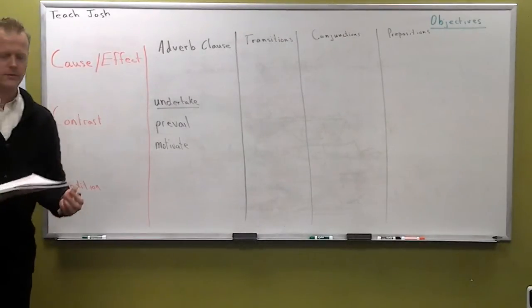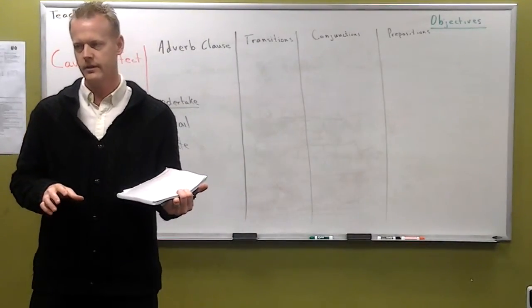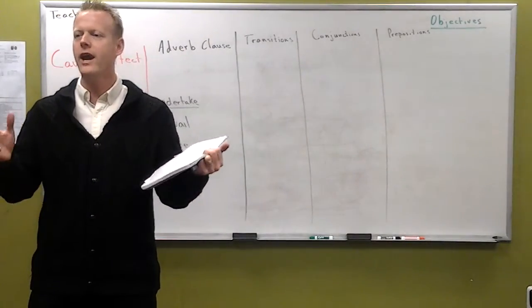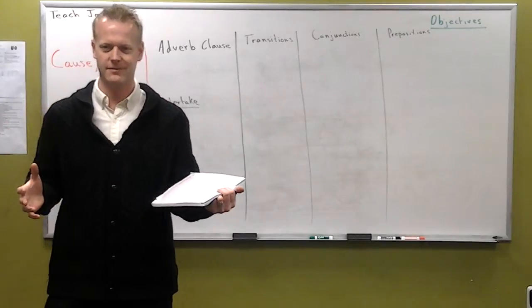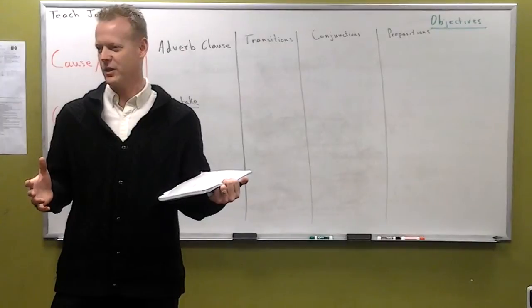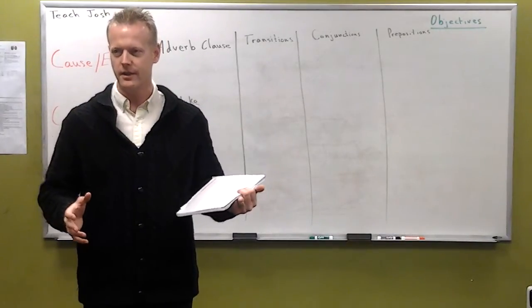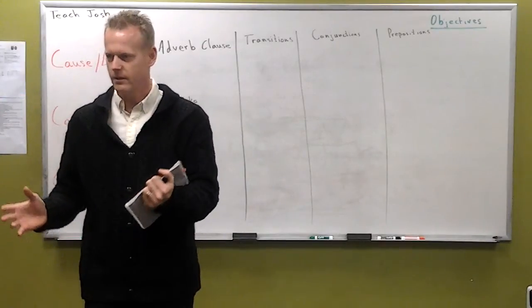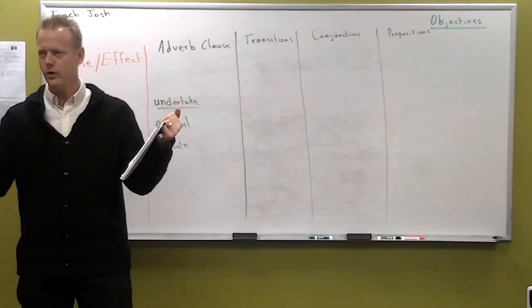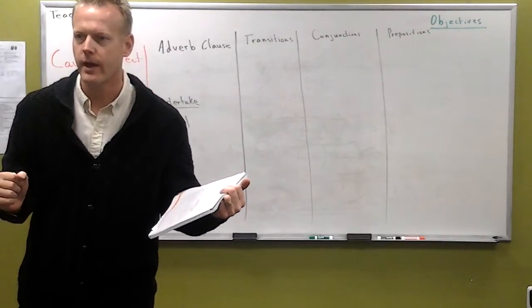By the way, before we do anything, do you guys know the difference between a clause and a phrase? Can somebody tell me, what do you have to have for a clause? Clause, it has subject and verb. Excellent, yes.